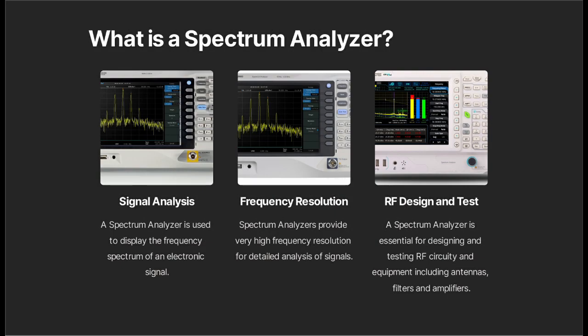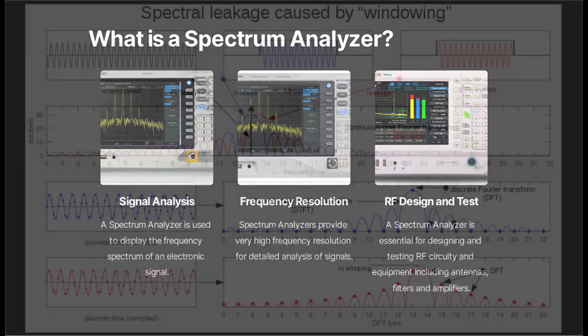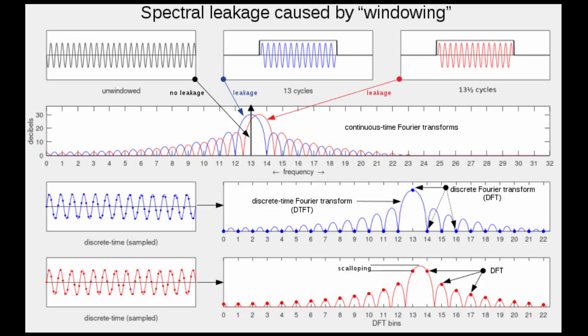Then second one is frequency resolution. Frequency resolution is nothing but a spectrum analyzer provides very high frequency resolution for detailed analysis of a signal. So this is one of the qualities of the spectrum analyzer. Here we can analyze the spectrum of a signal at very high frequency resolution.